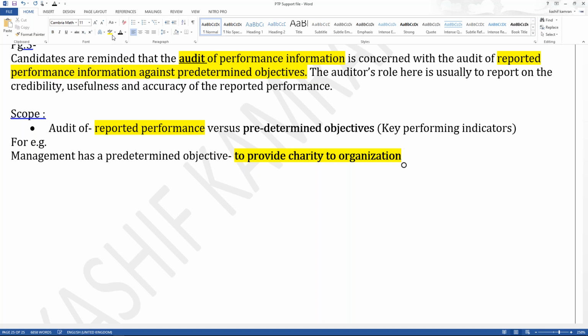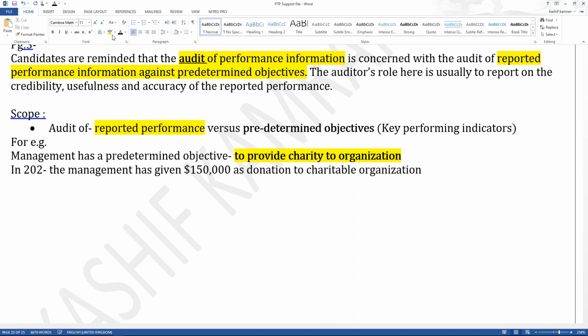Now, what have they done? In 2020, the management has given $150,000 as donations to charitable organizations. The management has given donations of $150,000 to charitable organizations, full stop.